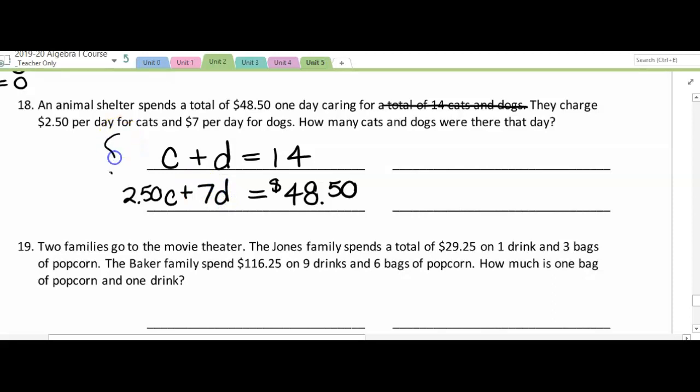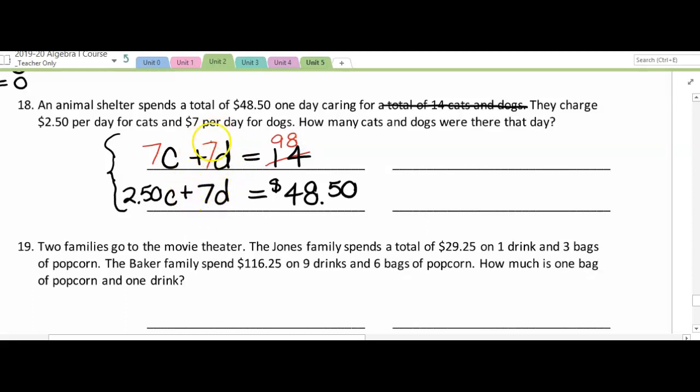If I take this system of equations and solve with elimination, I'll multiply the first equation by 7. It makes that a 98. Notice I'm trying to get the d's to cancel out.